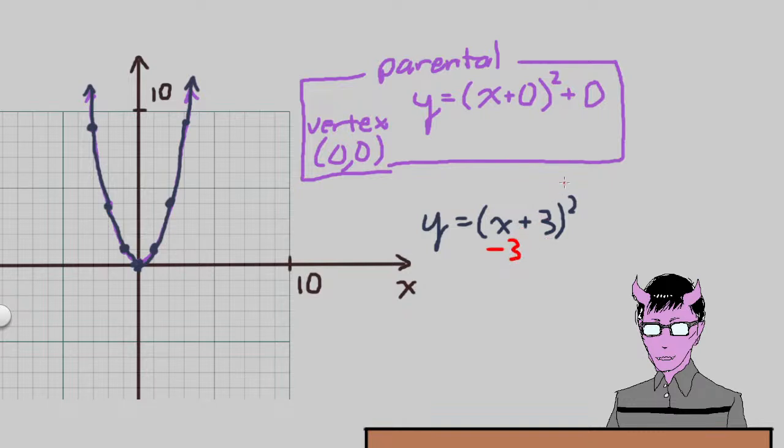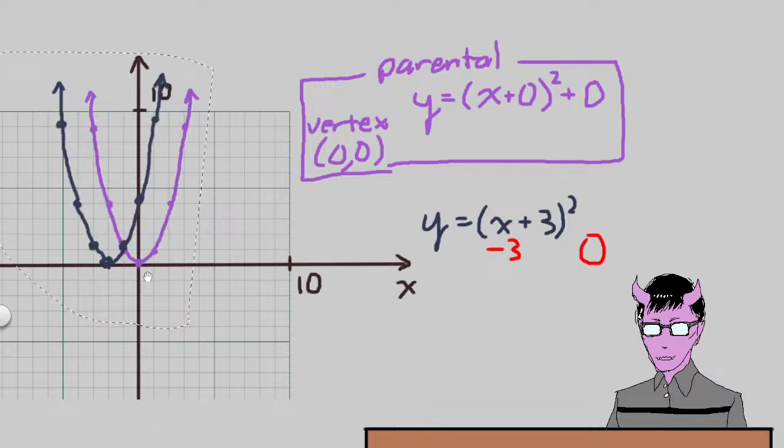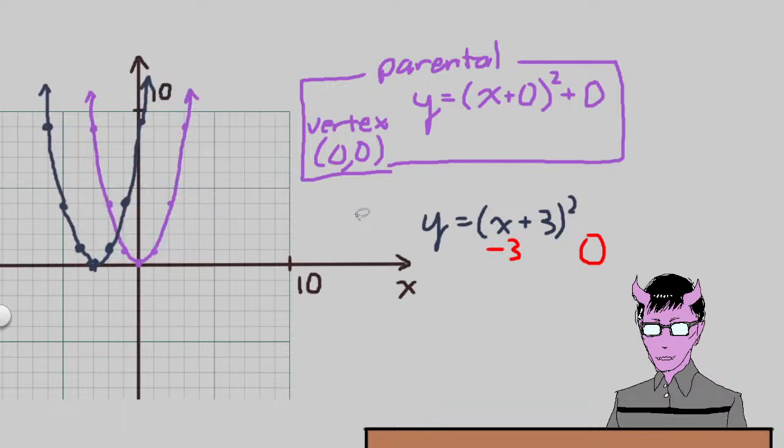Negative 3 plus 3 squared is 0, which results in our new 0. So the x-intercept is no longer there as in the parental function. It's shifted to negative 3. 1, 2, 3. Right here. So you take your vertex and drag it over 3 spaces to the left. 1, 2, and then 3. That's it.